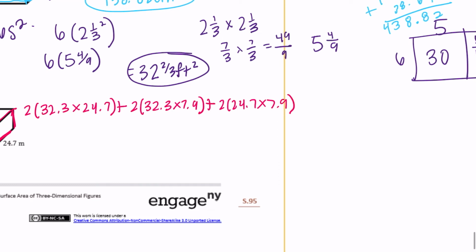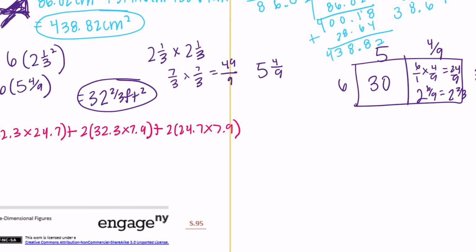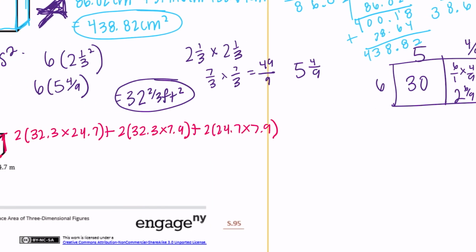Okay, it's just a lot of math to do. This is more about just making sure that you don't go too fast, because just one wrong math fact and it's messed up your whole problem.